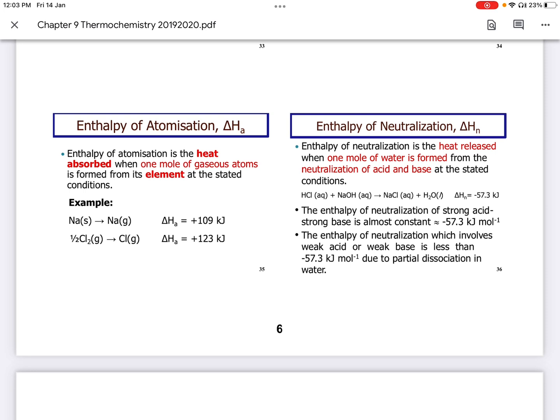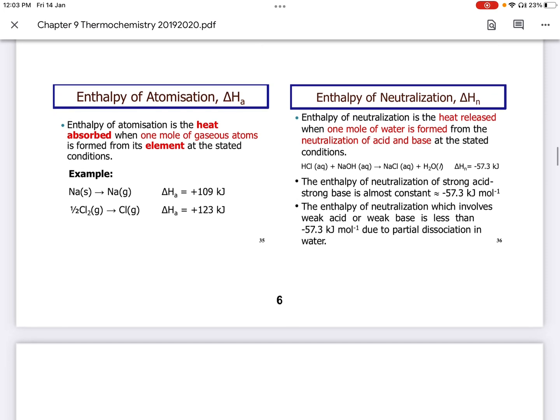We also can define standard enthalpy of atomization. Kalau kita define, dia akan jadi macam ini. Standard enthalpy of atomization is the heat absorbed when 1 mole of gaseous atom is formed from its element at standard condition, bracket temperature 298 Kelvin, pressure 1 atm. Okay.